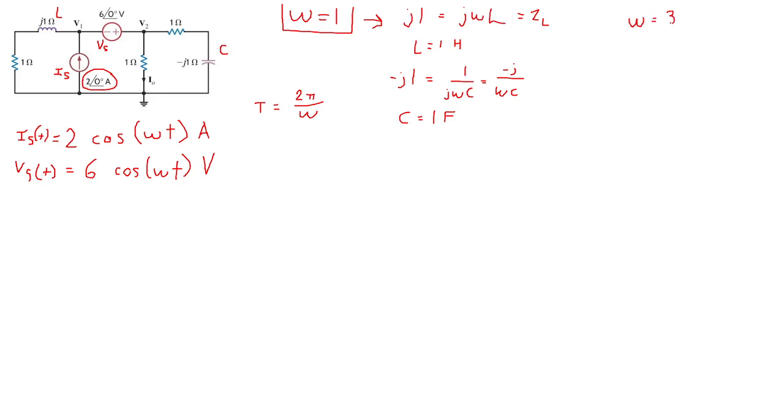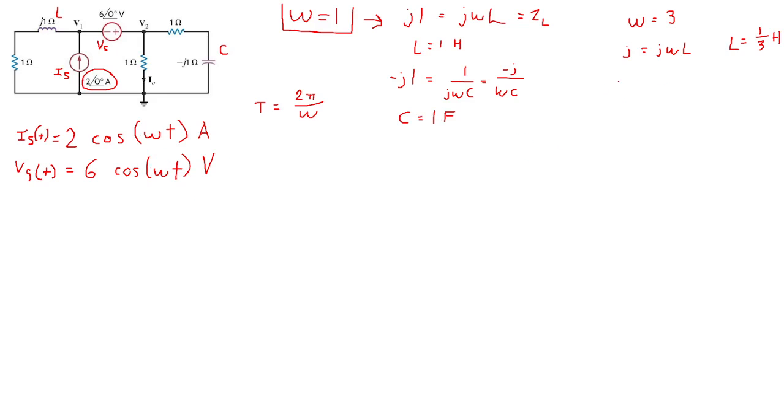But depending on the value of omega, we would get different values for the inductor and the capacitor. So if instead, let's say that omega was 3, then these would be 6 cosine of 3t and 2 cosine of 3t.